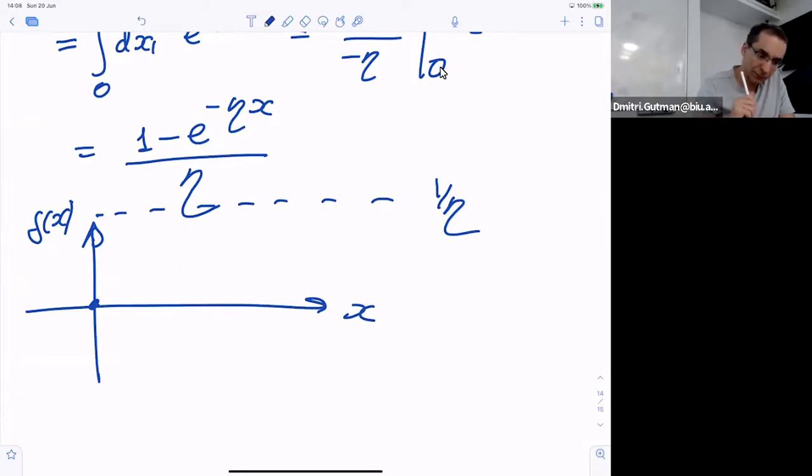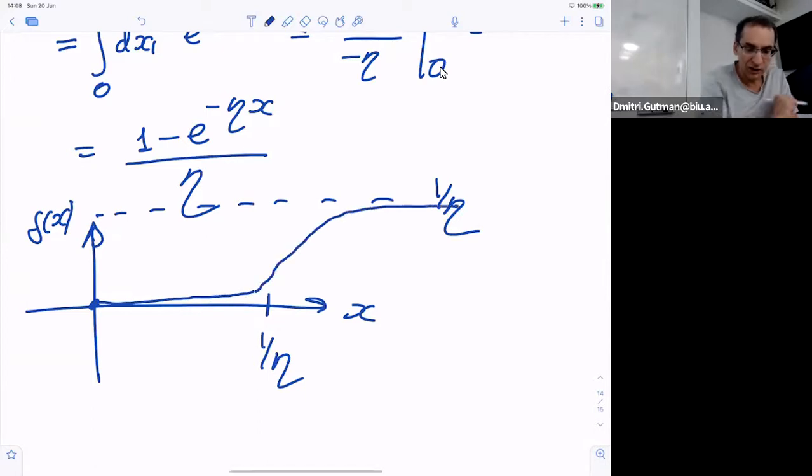There is a typical x which is equal to 1 over eta. So when x is smaller than this, it's close to 0, and when it's larger than this, it approaches a constant. So it's something like this.